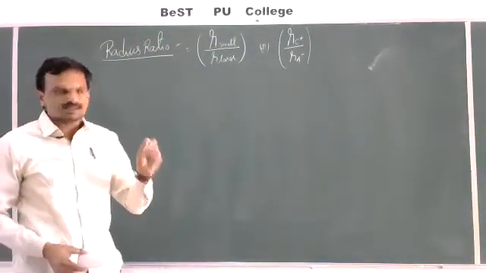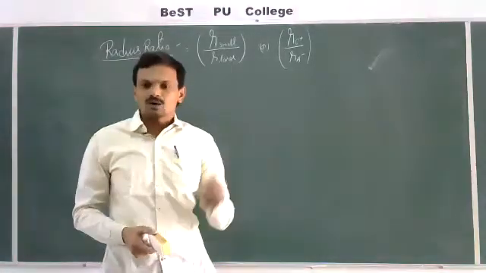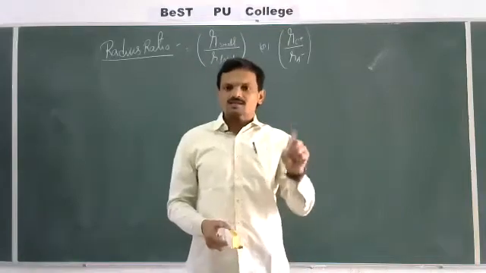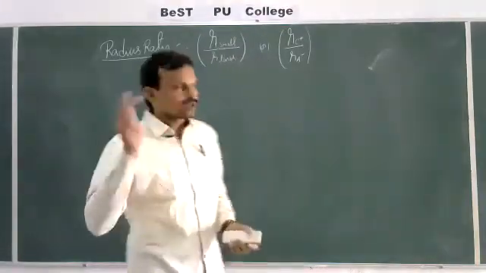Based on this radius ratio, we can predict the coordination number, as well as what type of voids are occupied by the smaller particles. Now let us see.